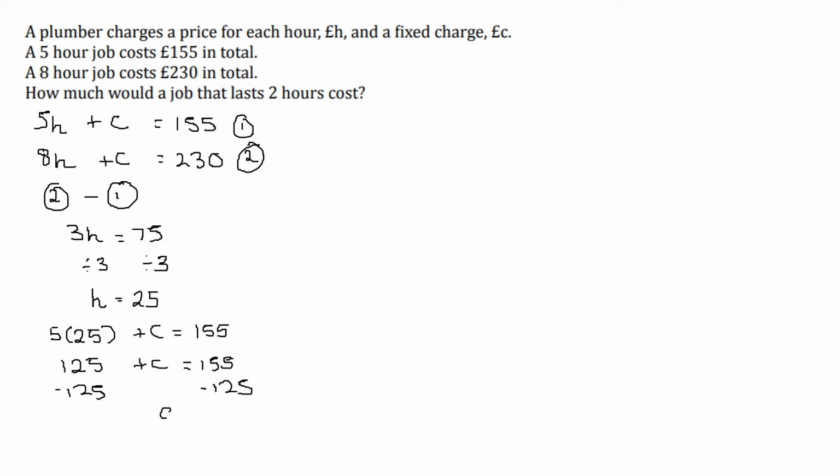So that will give us c equals 30. And let's just sub into equation 2 to check. So 8 times 25 plus 30 equals 200 plus 30, which is 230. So my solutions satisfy both equations. I know that they're right.